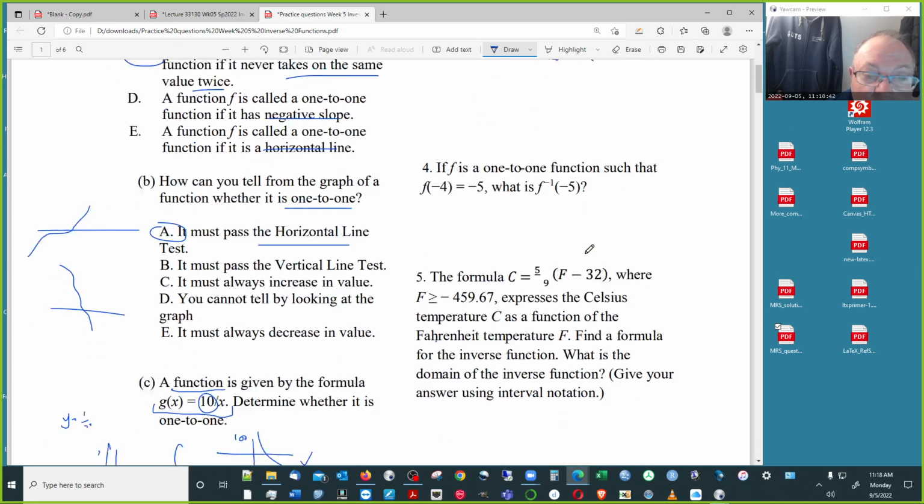Okay, if a function is one-to-one, what's the inverse? Well, that's probably not as hard as I think initially. So I think the inverse is going to be the other number, so it's going to be -4.